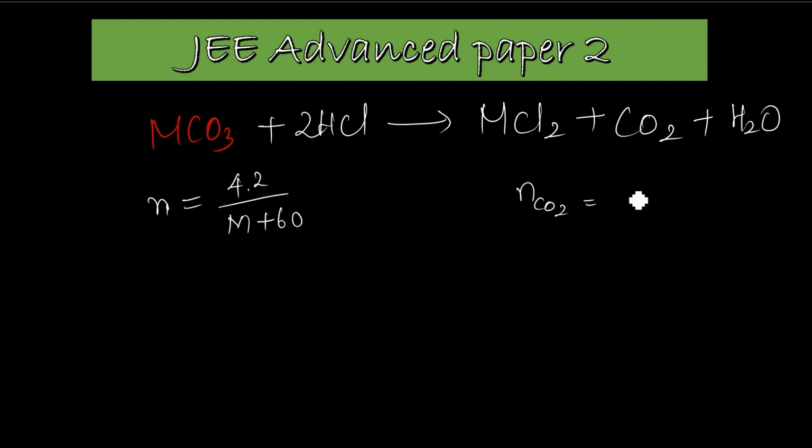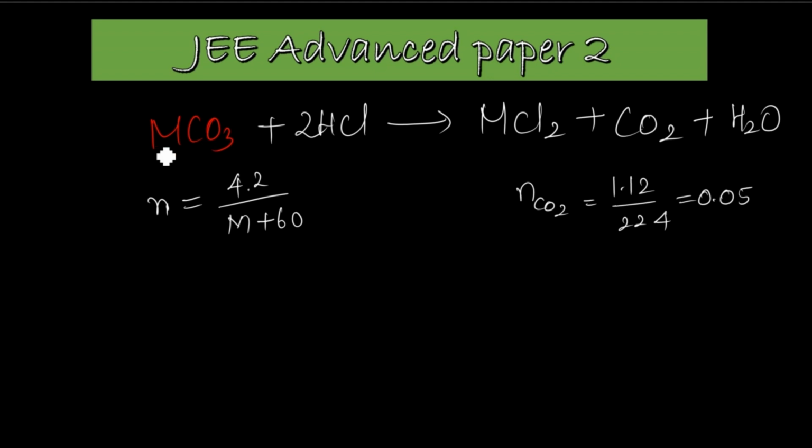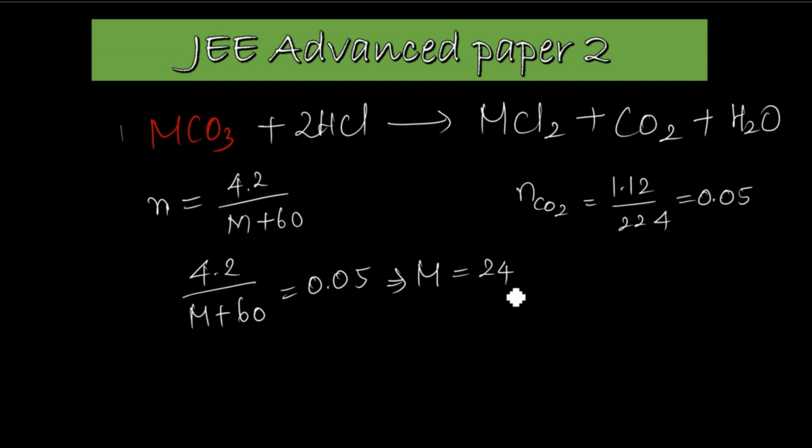So the moles of carbon dioxide is 1.12 by 22.4, which is 0.05. Okay. So these both are equal because 1 mole of metal carbonate gives 1 mole of carbon dioxide. So I am going to put it like this, 4.2 by M plus 60 is equal to 0.05 moles. So M plus 60 will be 84, and M will come out to be 24.